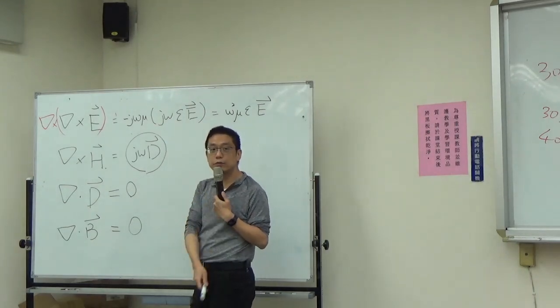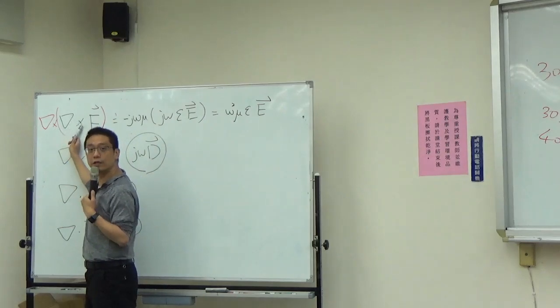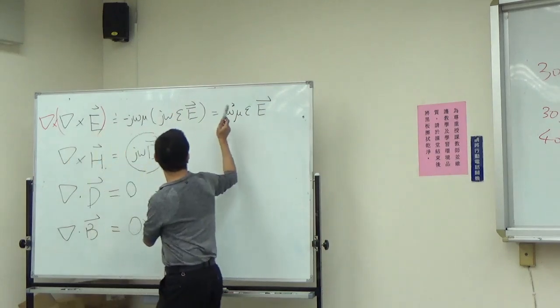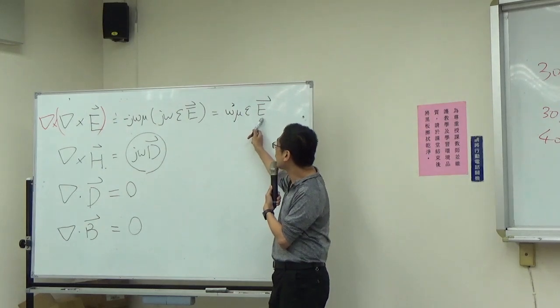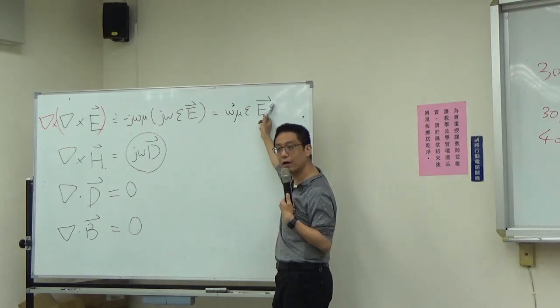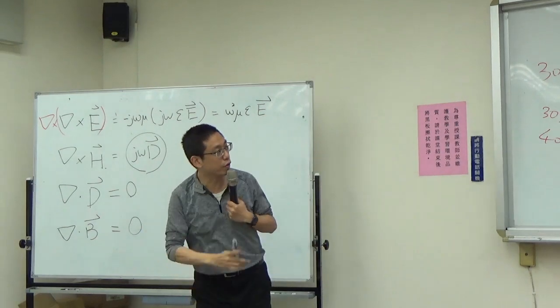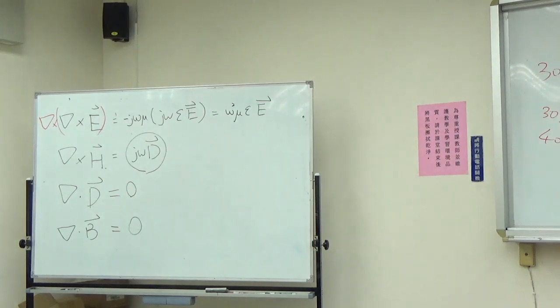So if you have a double curl to your E field, the result will become omega squared times mu epsilon times your original E. Okay? Then we will introduce another vector identity.